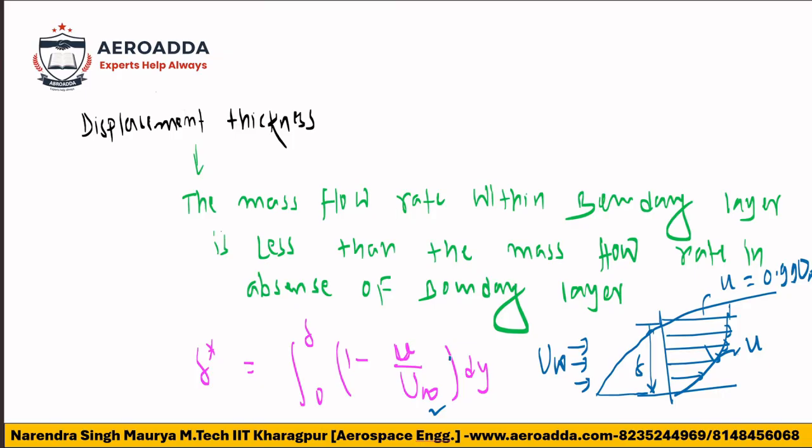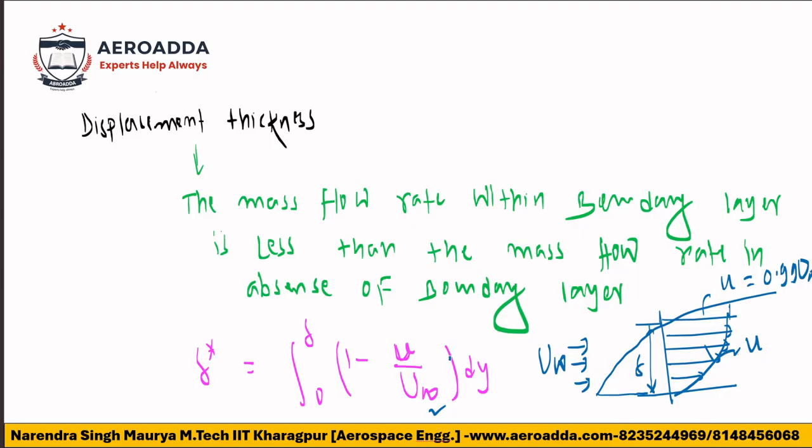Basically you are going to calculate the deficit of mass just before the formation of the boundary layer and after it. That calculation is done by the displacement thickness.